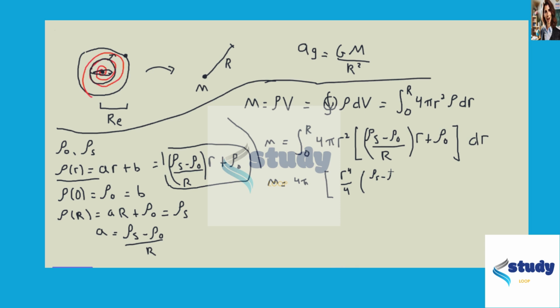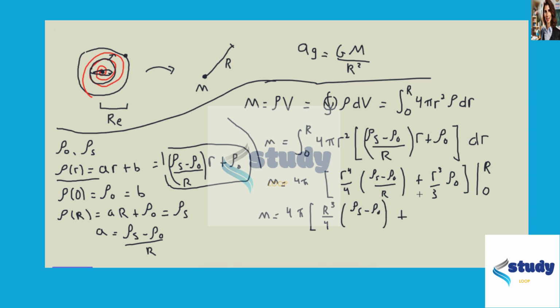And then we're evaluating this whole thing from 0 to R. So our mass then is 4 pi, and then we plug in R over here, so we'll have capital R to the fourth over 4, and then divided by R. So that then should be R to the third over 4 times rho s minus rho naught.